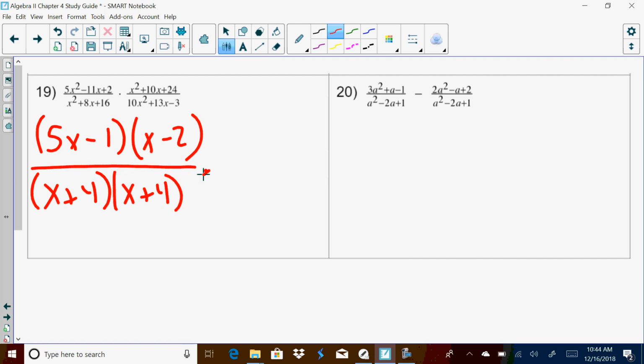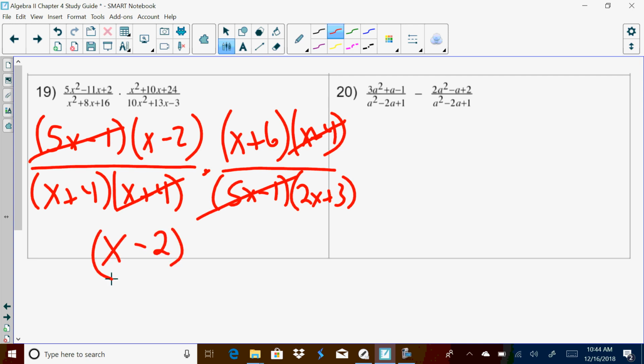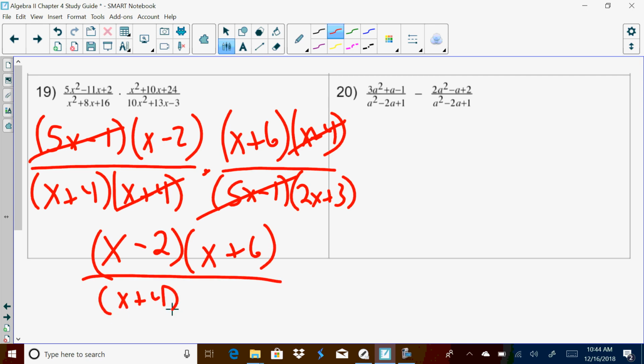For the other side, I get x plus 6 times x plus 4 over 5x minus 1 and 2x plus 3. So then I simplify. I can cross out an x plus 4 and an x plus 4, 5x minus 1, and that's it. So my final answer is x minus 2 times x plus 6 over x plus 4 times 2x plus 3.